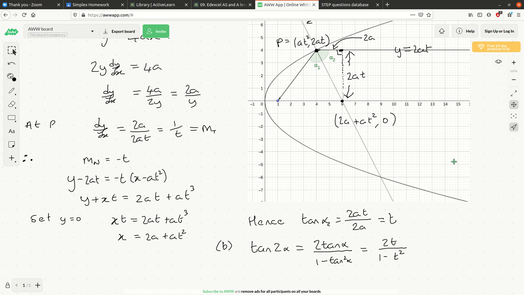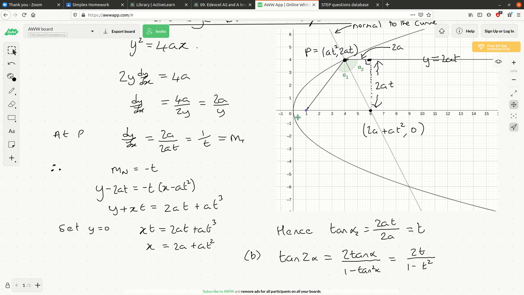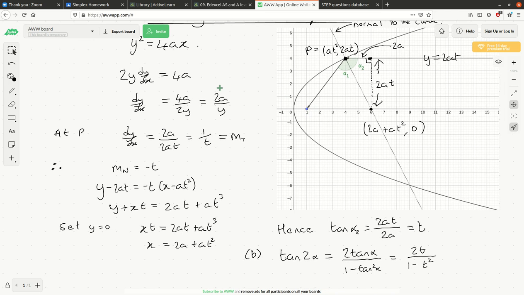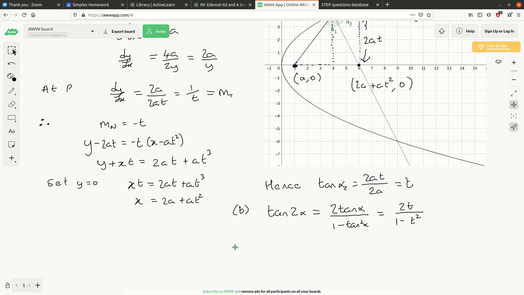Okay, what else did it ask you to do in part B? It wants you to find the gradient of the reflected ray. That's easy, because we already know that this is the focus, and the focus always has coordinates A, 0. So now we can find the gradient of the reflected ray just by looking at rise over run again.